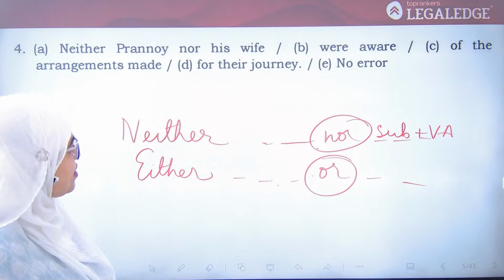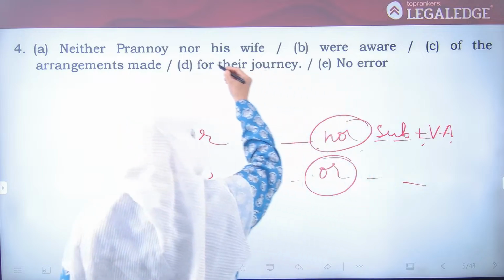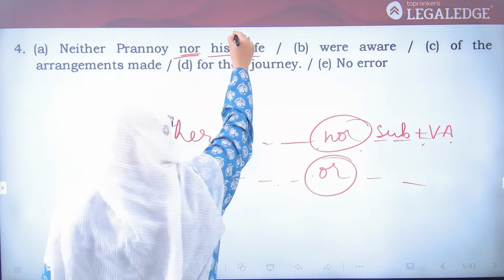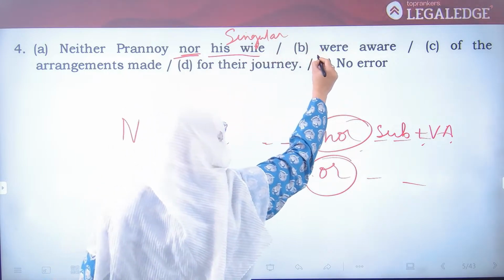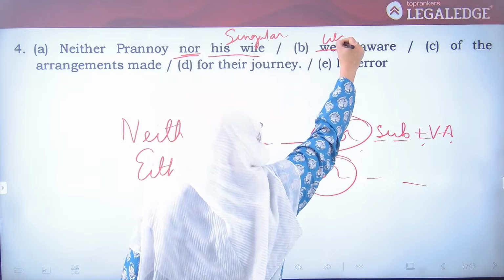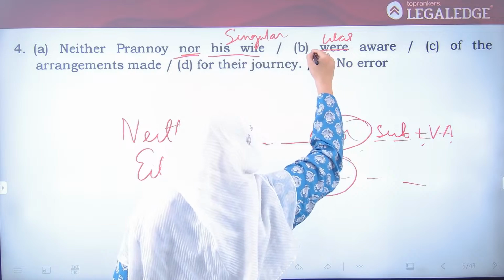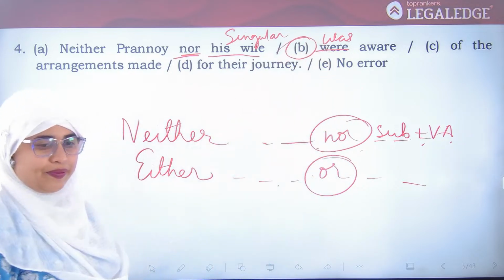So students, let's continue again. Subject, verb, agreement. So after nor, what is the subject? His wife, which is in singular form. So it has to be was. This is the main subject for the verb. Okay. So B is the erroneous part here.